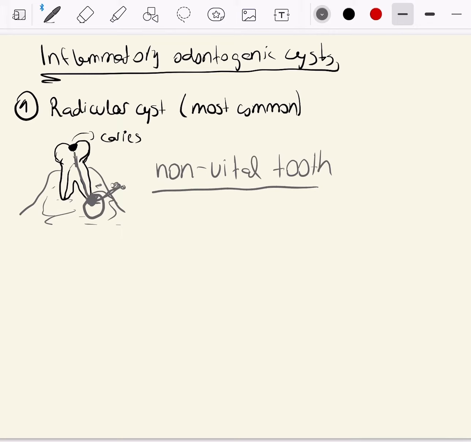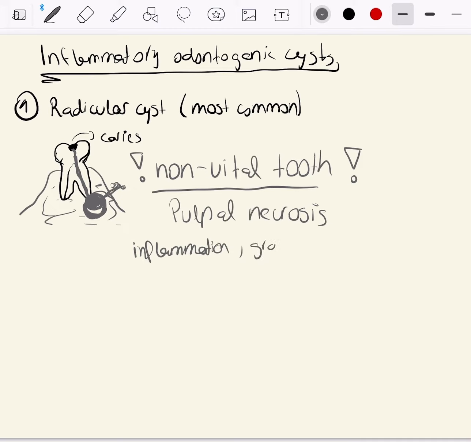This is very important, even for the exam. This is a non-vital tooth because here we have a pulpal necrosis. So the caries led to pulpal necrosis, led to inflammation, granuloma, and then went and built a cyst. So: inflammation, granuloma, cyst.